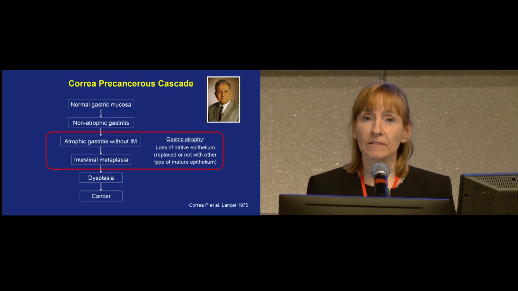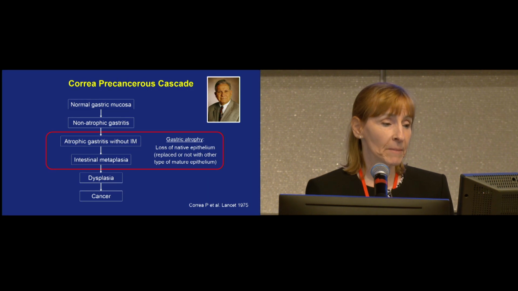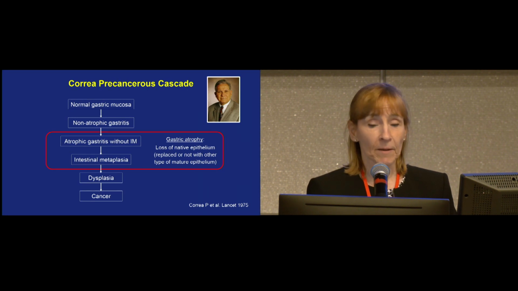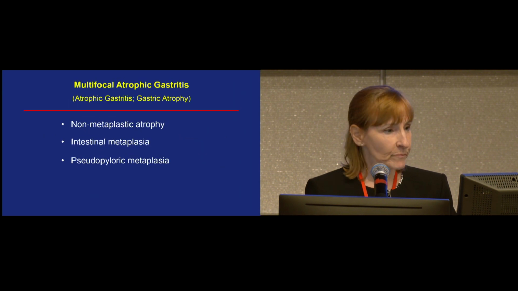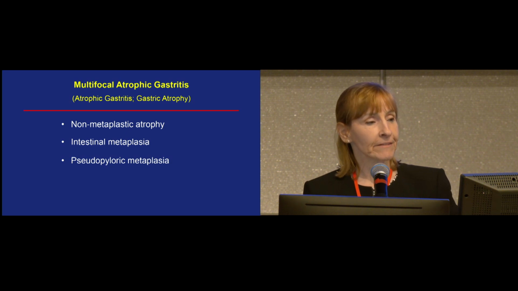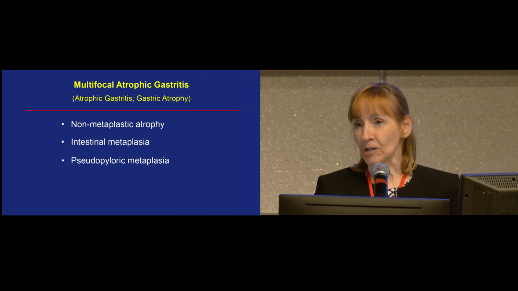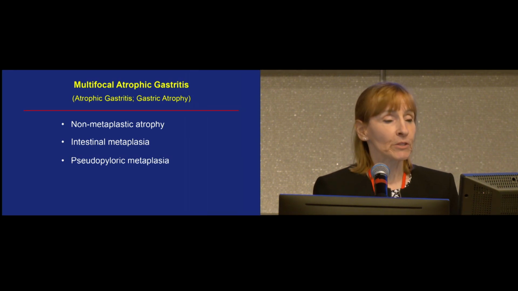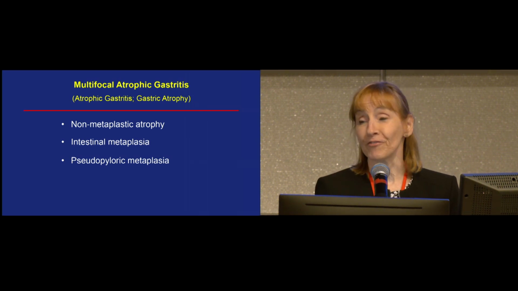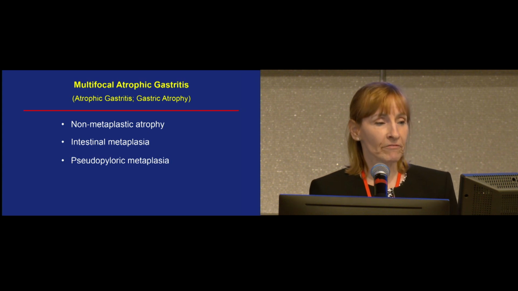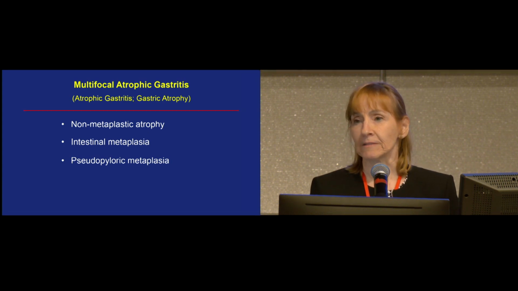So atrophic gastritis without intestinal metaplasia or with intestinal metaplasia, that is atrophy. So these are related terms. Multifocal atrophic gastritis is the term that I like because actually it's multifocal, but a synonym could be atrophic gastritis. And when you don't have the inflammatory component, we call it gastric atrophy.